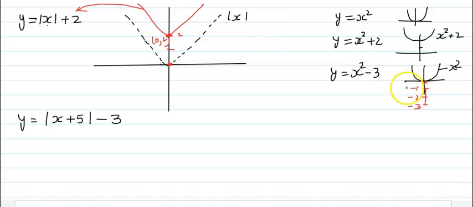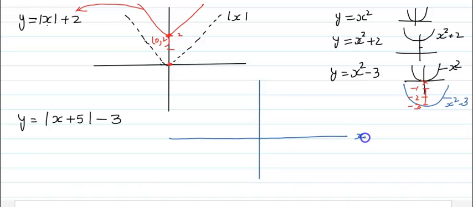So our graph will look like this. This is the graph of x square minus 3. Same thing, we will sketch modulus of x plus 5 first, and then we'll move it down by 3 units on the y-axis.